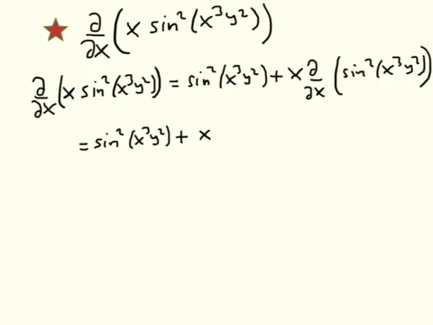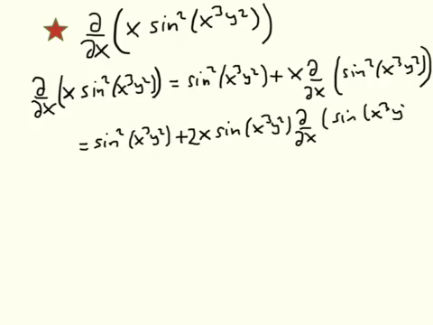When we differentiate sine to the power of 2 of something, we're going to bring the 2 down and decrease the power by 1. So I'll put the 2 in front, and then we have sine of x cubed y squared times the derivative with respect to x of sine of x cubed y squared.